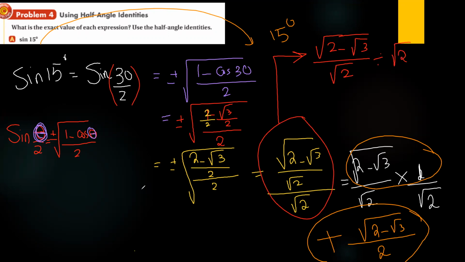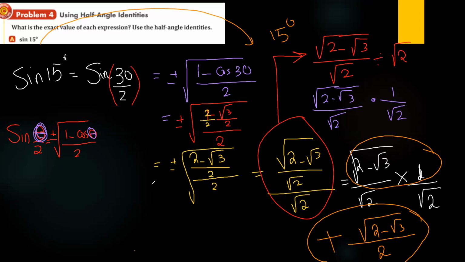I just rewrite it. Now, when you divide a fraction by a fraction, what do you have to do? First, you keep the first fraction as it is. Then you change the division to multiply. Then you write the reciprocal of the square root of 2, which is 1 over square root of 2.